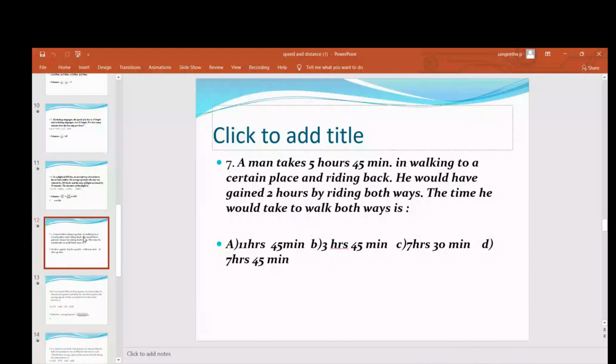So the time he would take to walk both ways, we have to calculate. By mental calculation, multiplying 5 hours 45 minutes by 2 and subtracting these two values, I got 3 hours 45 minutes.